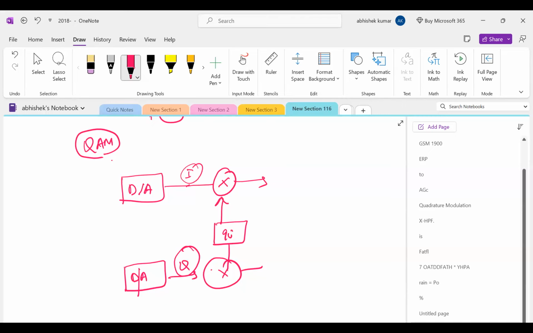So just now we learned how the transmission is happening there. If you open the slides, page number 10, 14, 15, everywhere they have given that figure. Are you getting my point?